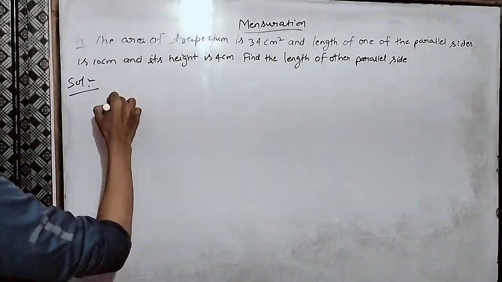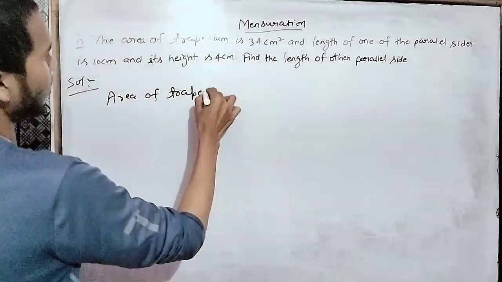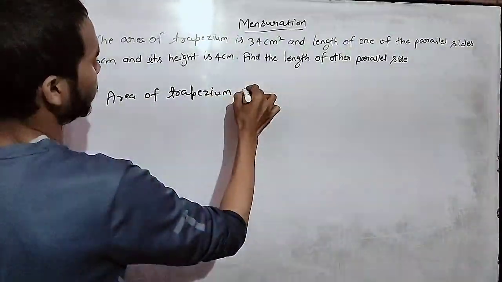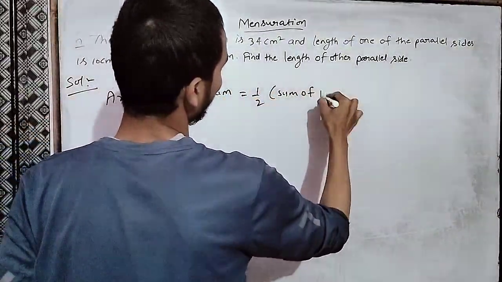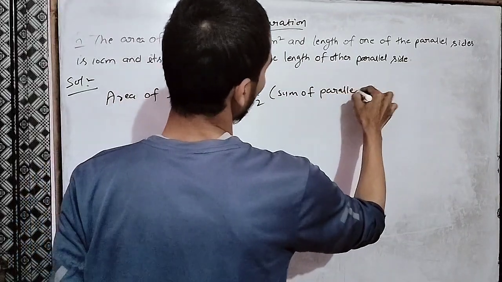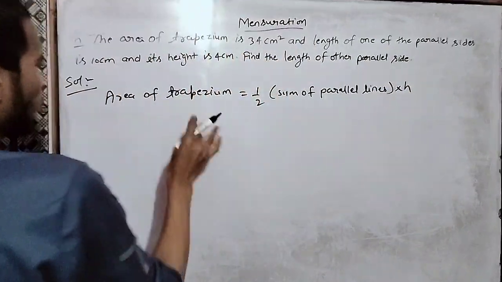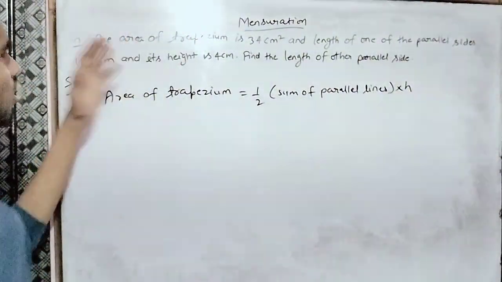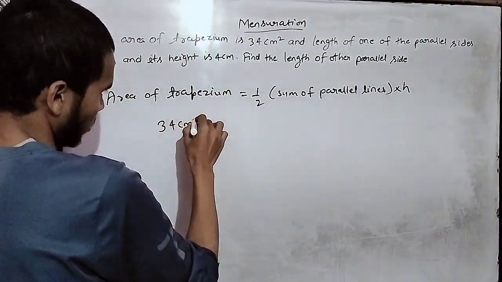So here, the area of a trapezium is 1 by 2 sum of parallel lines multiplied by h. Now the area of the trapezium is already given by this question, which is 34 centimeter square.